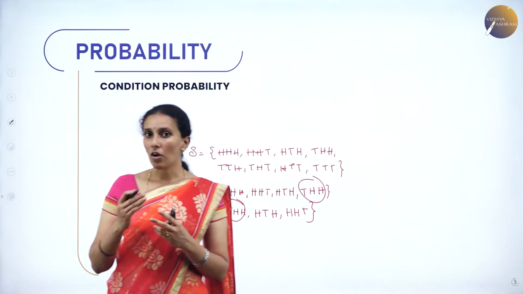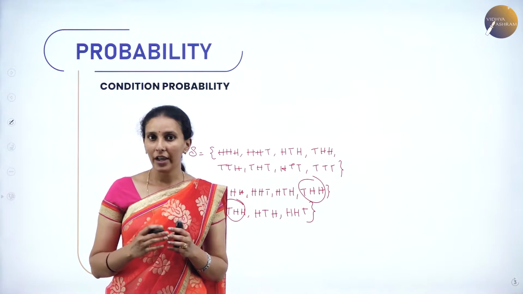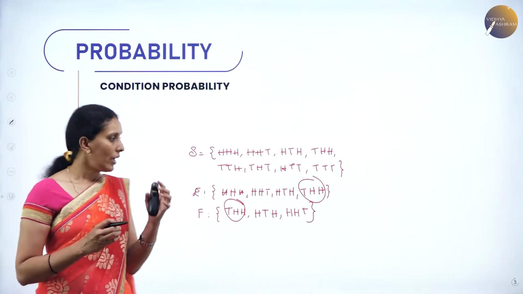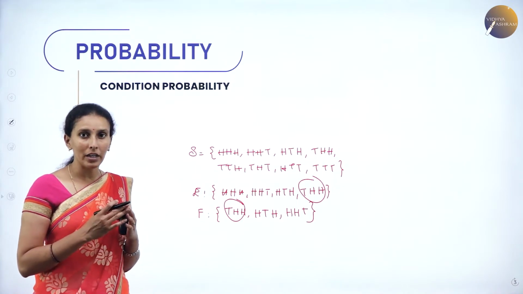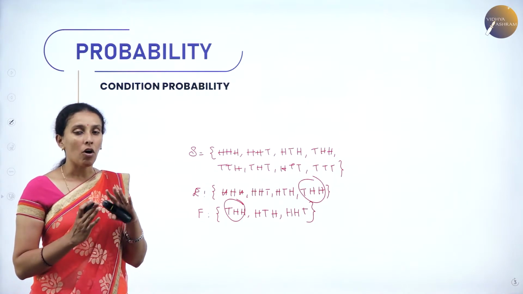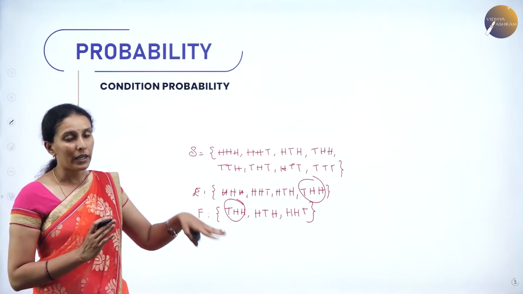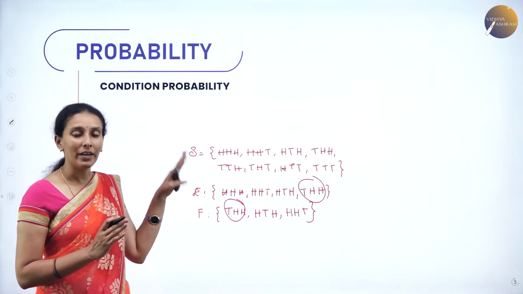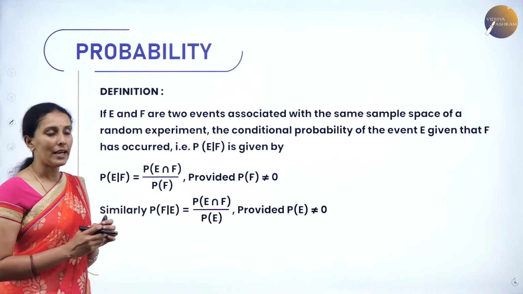Since the 2 events cannot occur independently, because they share some outcomes, to happen one event there is a condition that the other event has to have already happened. Then only we can have event E or event F. So thus the definition of conditional probability lies like that.